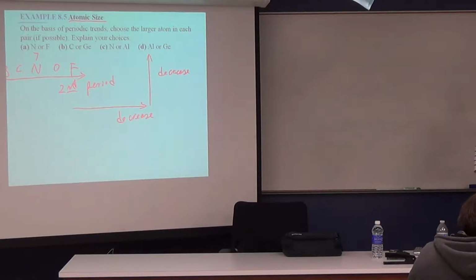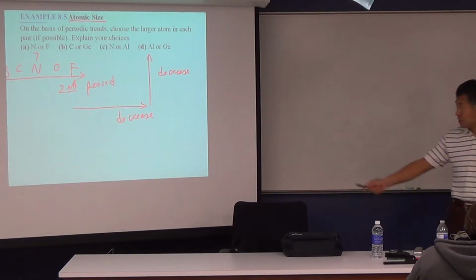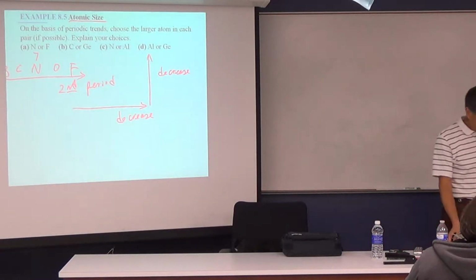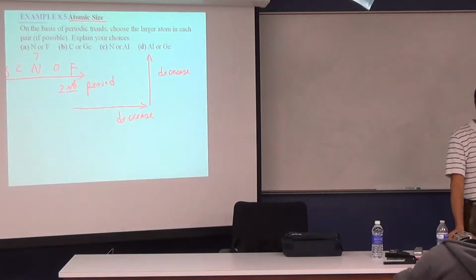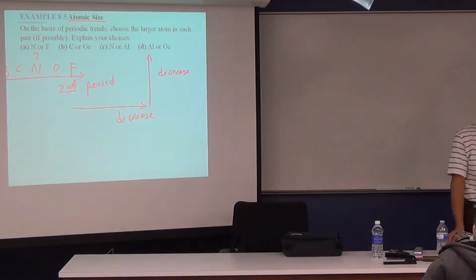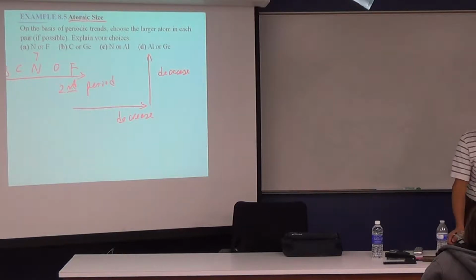The atomic size is a good pattern, though maybe one or two elements are not in line with these general arrows. If I give you problems about the atomic size, you can say either you know or you cannot decide. Like this one, N is on the left side and fluorine on the right side.